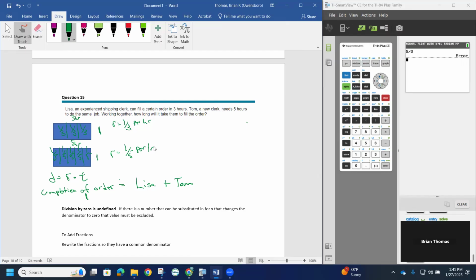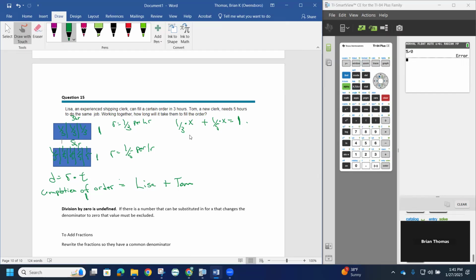So if we put this all together, we don't know how long they're going to work together, but we do know their work rates. So Lisa is going to be working at a rate of 1/3 per hour, and we're going to be multiplying it by a certain time. That's going to be how much of the job she completes. And then we know that Tom is going to be working at a rate of 1/5 per hour. He's going to be working the same amount of time. And together, they're going to complete one order, so it's going to equal 1.